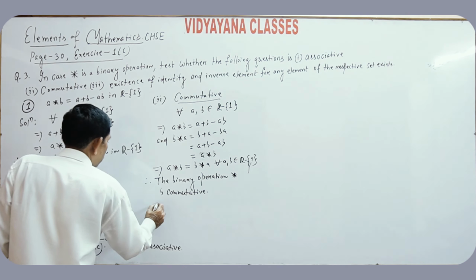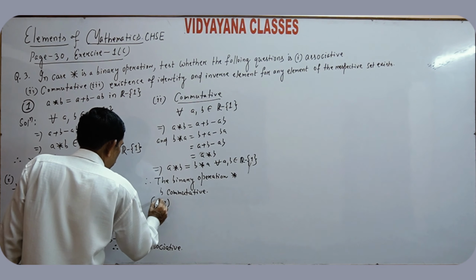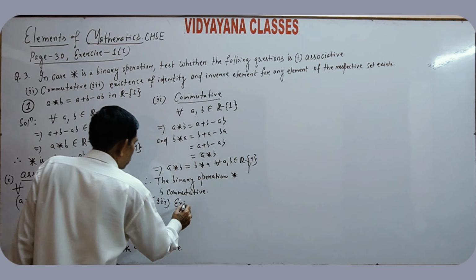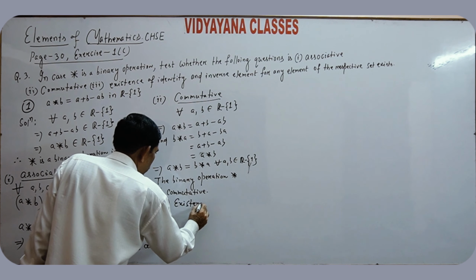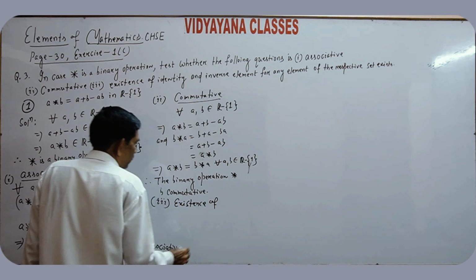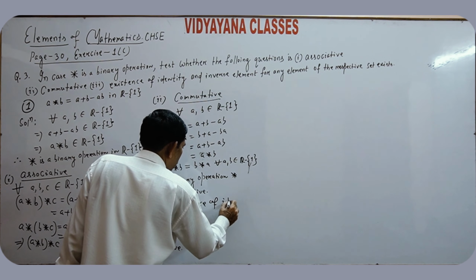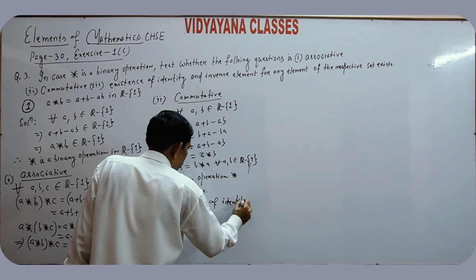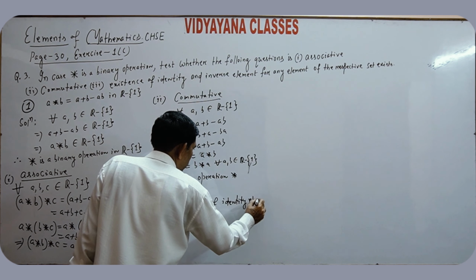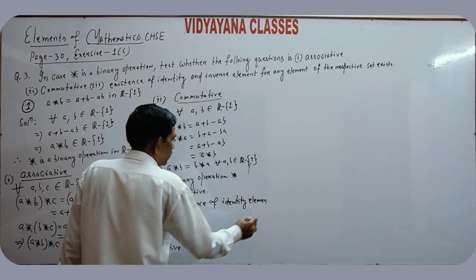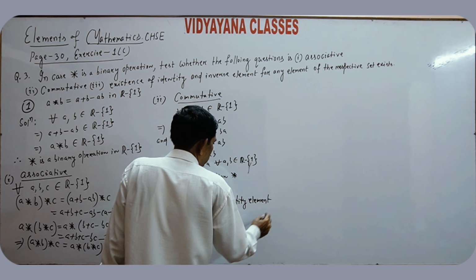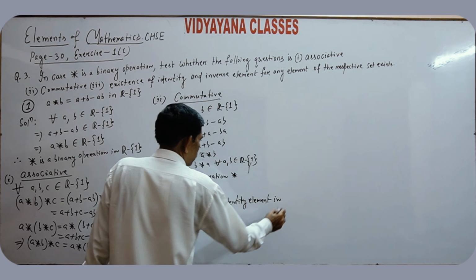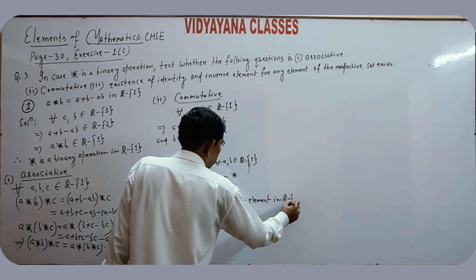Third bit, existence of identity element in R minus set of 1.